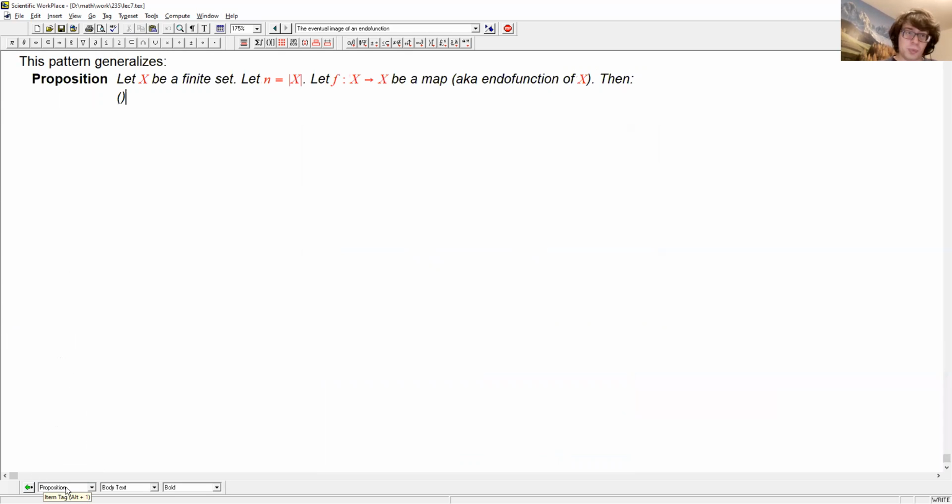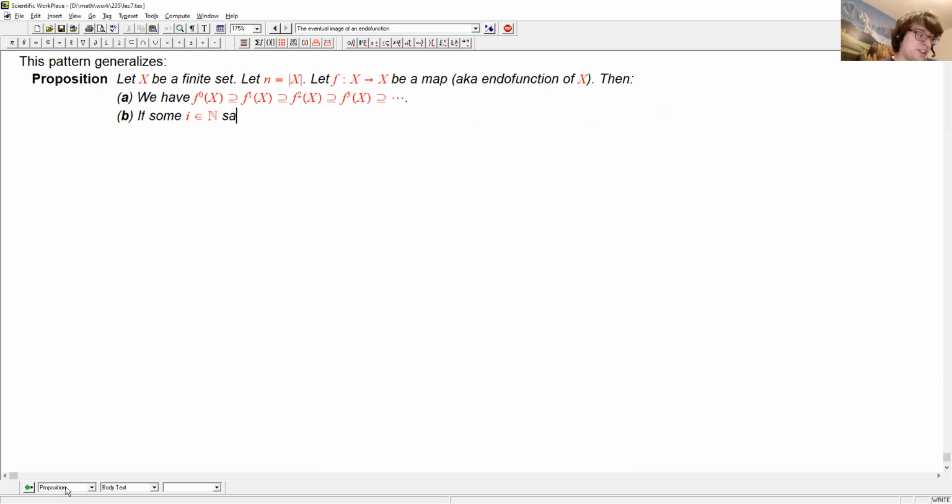Then, first of all, the images become smaller in the sense that each one is a subset of the previous one. It's a decreasing chain of sets, as people call it. Secondly, if at some point it does not change, then it will never change from that point on.